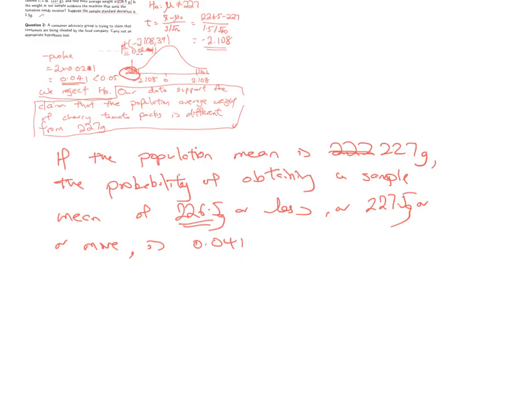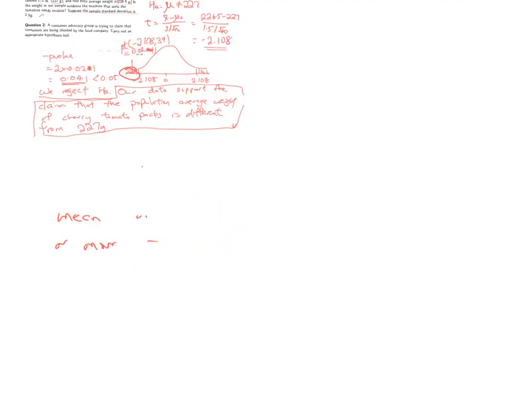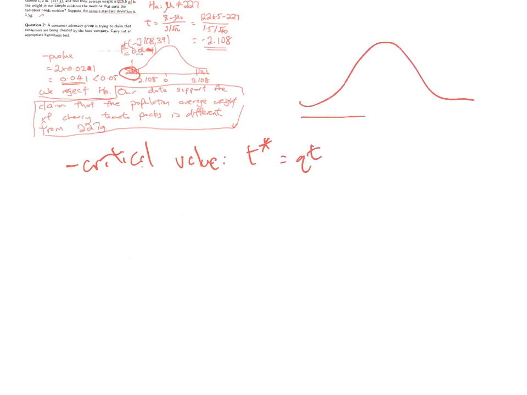If you want to talk about the critical value approach, just to give an example, you can work it out in this way. T star will be found using qt. Let's just draw the bell-shaped curve. It's a two-sided test.